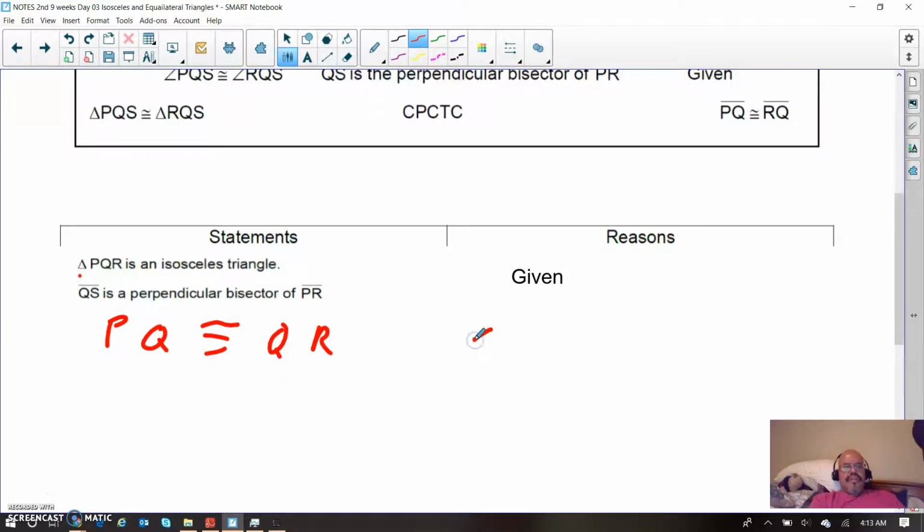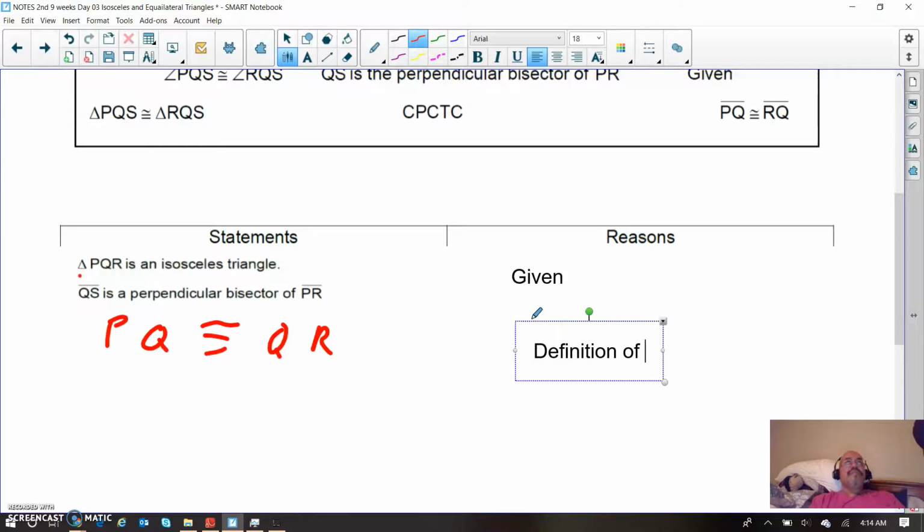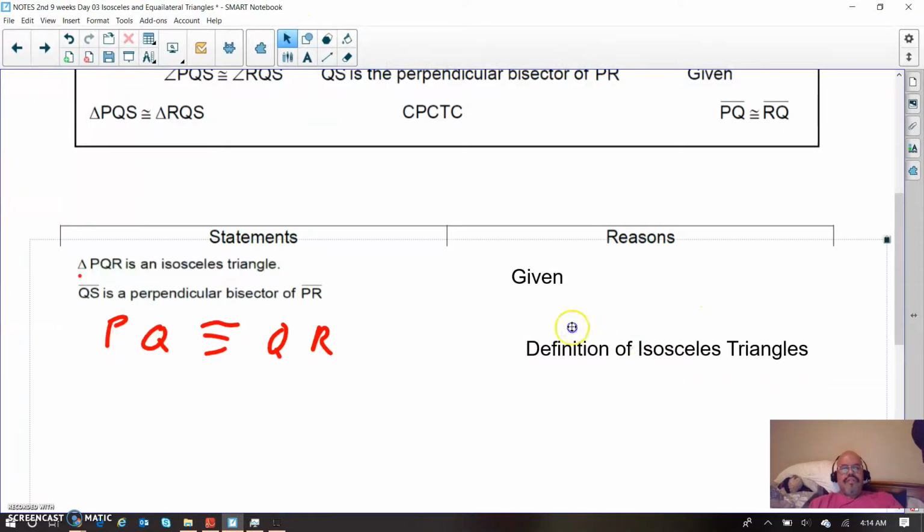That's because of the definition of isosceles triangles.